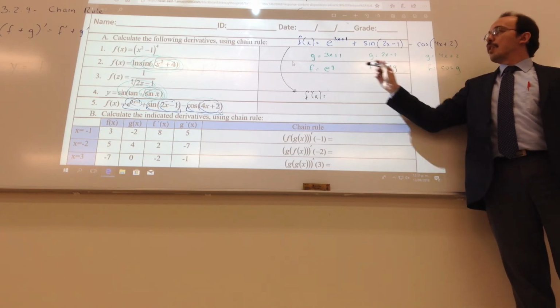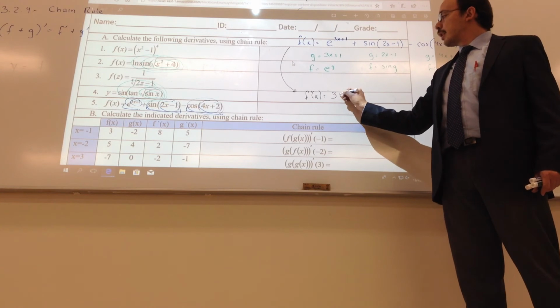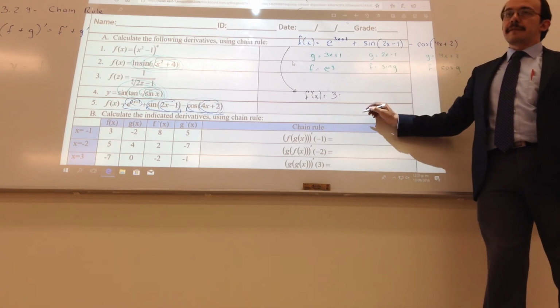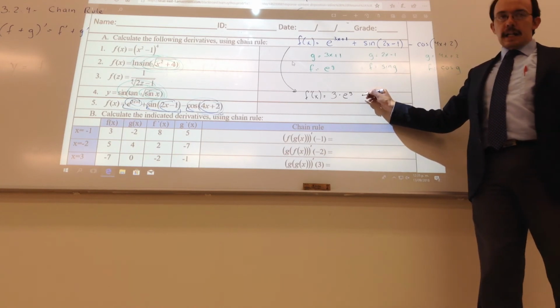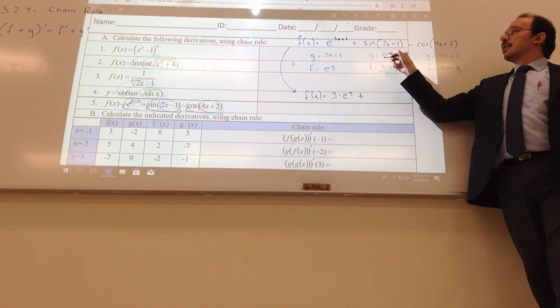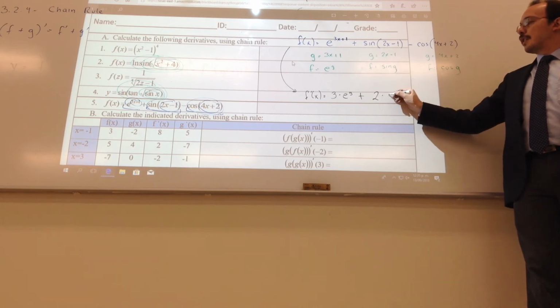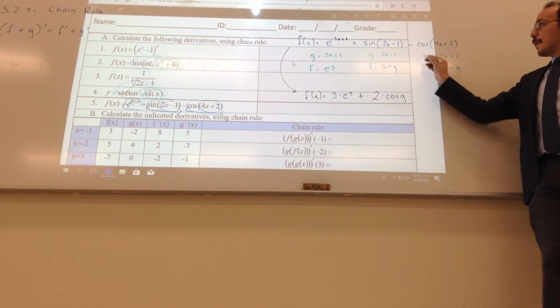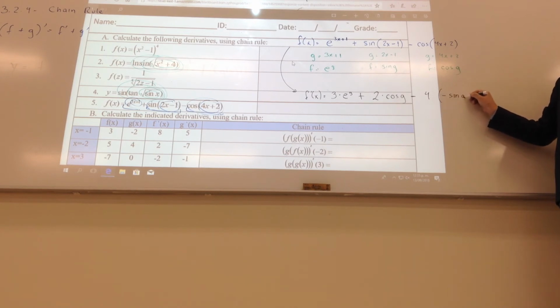Derivatives for each one. Derivative of 3x plus 1: 3 times e to the g derivative, e to the g, same. The next part, plus 2x minus 1 derivative: 2 times sine of g derivative, cos of g. Minus 4x plus 2: 4 times minus sine of g.